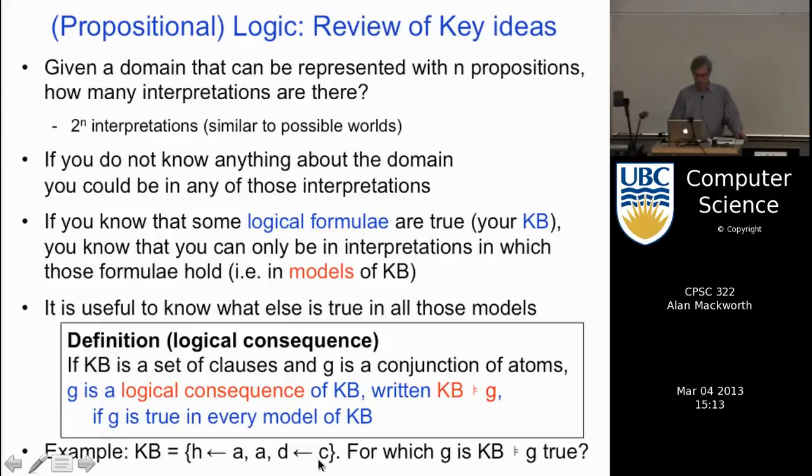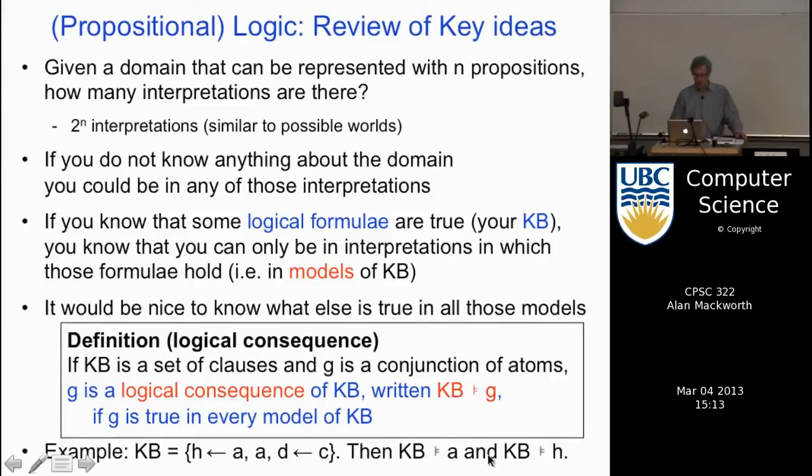So it looks like A and H. The other rule doesn't come into play because we don't know C, so we don't know if D is true or not. C could be true or false, and D could be true or false. If C is true, then D has to be true in any model, but we don't know the status of C, so we only know that A and H are logical consequences of this knowledge base. Okay? So if we know that the knowledge base holds, we're in a model, we can immediately assume not only is A true, but also H must be true because of that rule.